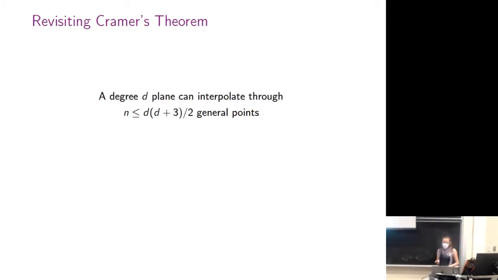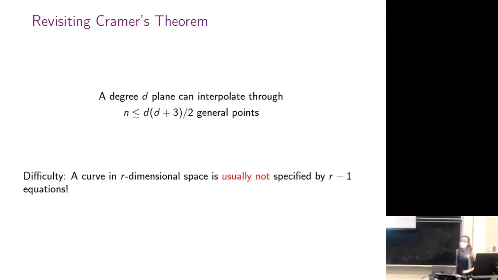Okay, so I have some bad news. A curve in an R-dimensional space is usually not specified by R-1 equations. It's not like each equation cuts down the dimension by 1, and once I get to 1, I have a curve. Well, usually that is true, but not all curves arise in that way. So if I just looked at the equations of these curves, there are some weird non-linear conditions that the coefficients need to satisfy in order to give me a curve.